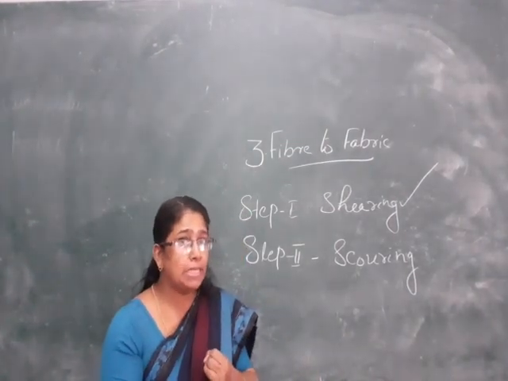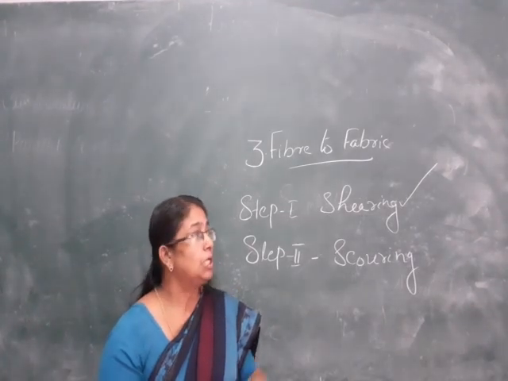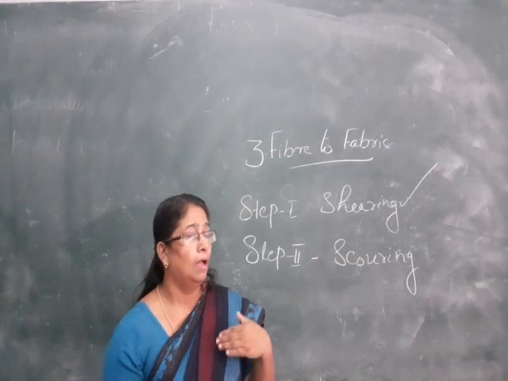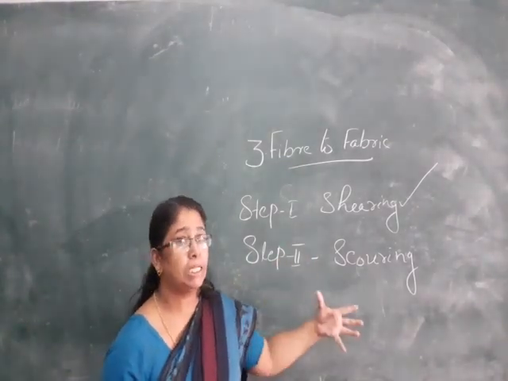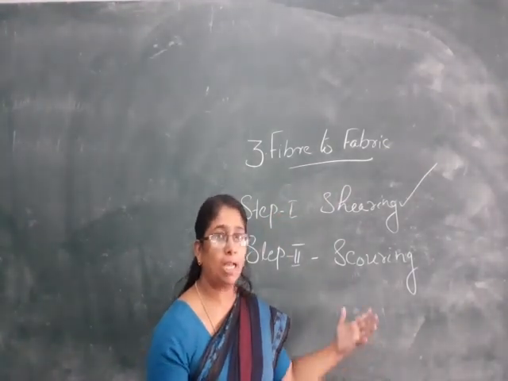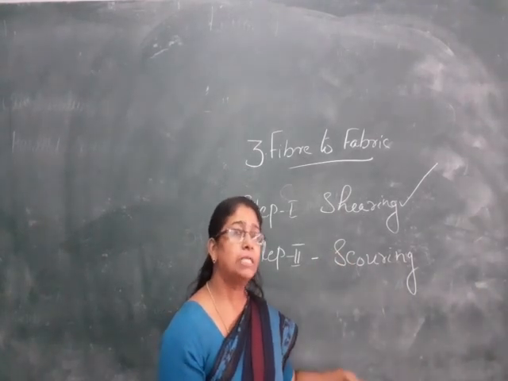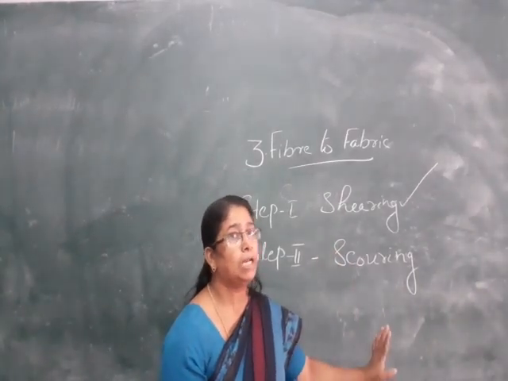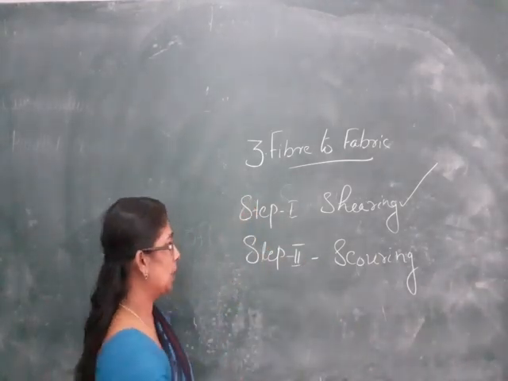So dirt will be there, grease will be there, some impurities will be there. So we want to remove the impurities. For this, it is washed in big tanks in order to remove the oil, dirt and everything. In olden days it was done by hand, and nowadays all these processes are done in machines. Okay, so the second step is scouring.